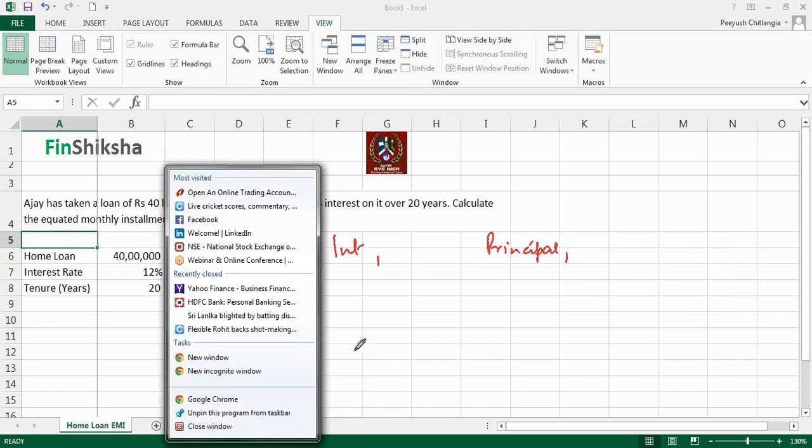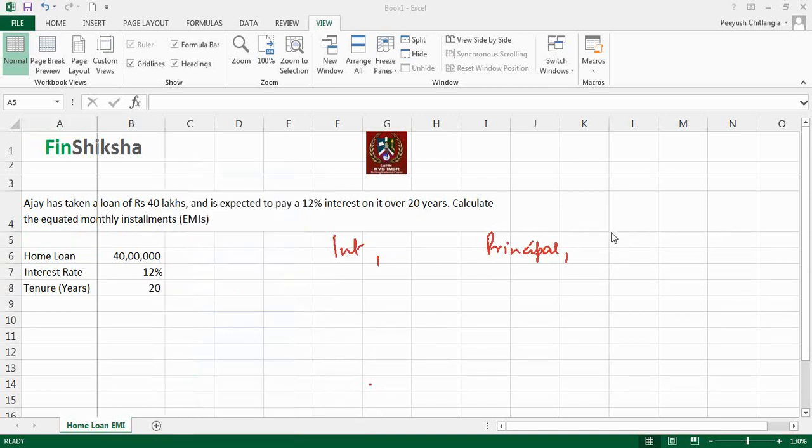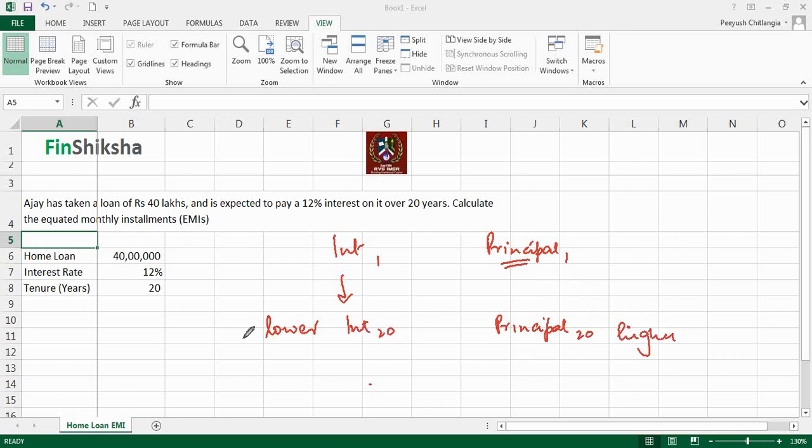When you look at interest 20, it will be lower, because the interest keeps going down. Why? Because you've paid some part of the principal, and over a period of time principal 20 will be higher. Why? Because if interest goes down, the EMI has to remain fixed, right? So that's how you look at the calculation of these.